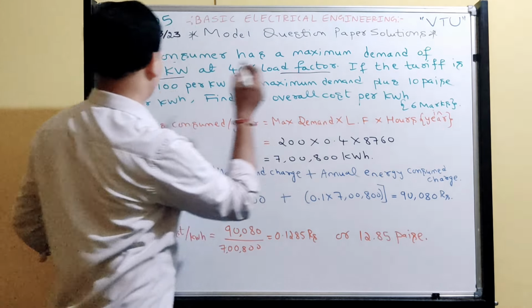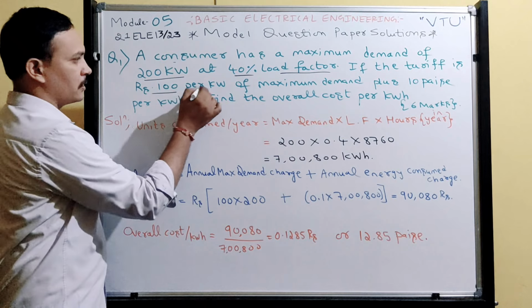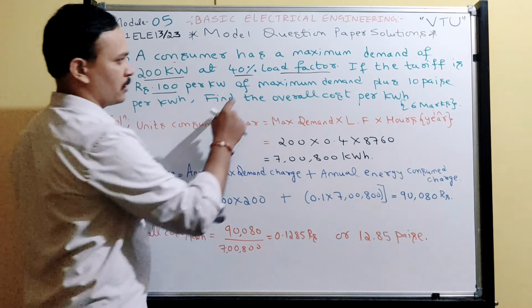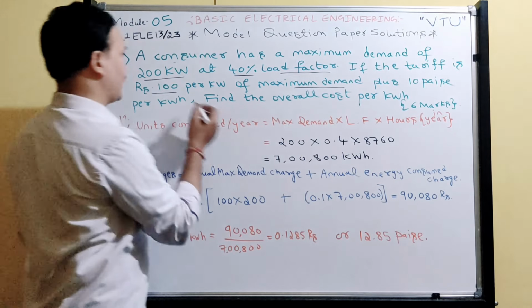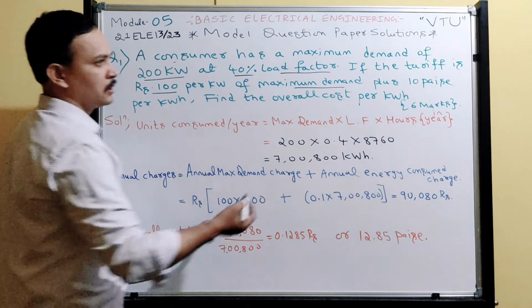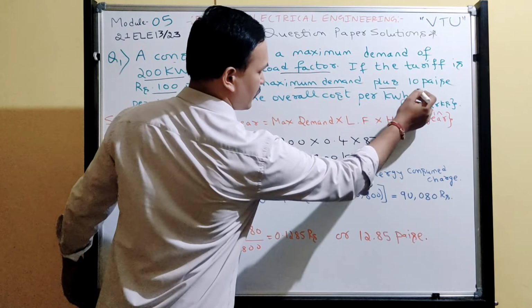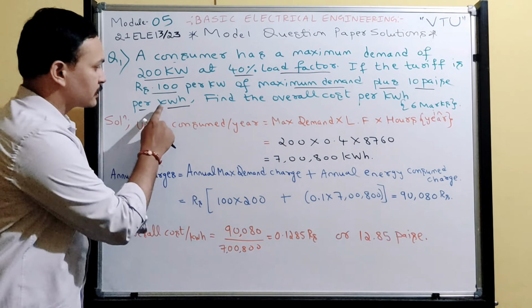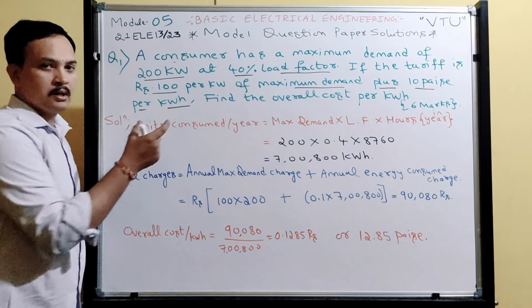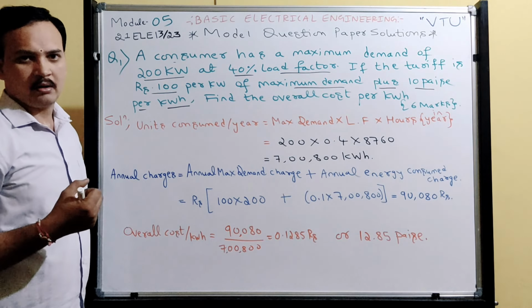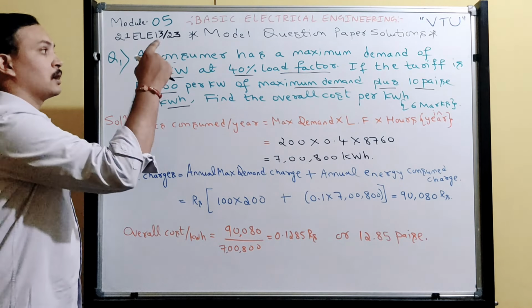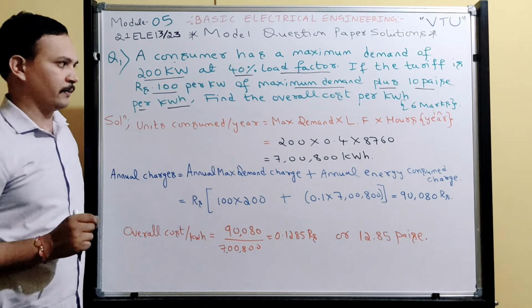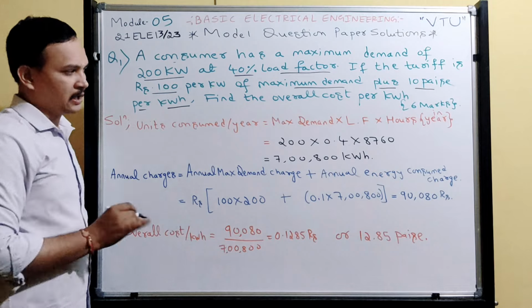If the tariff is rupees 100 per kilowatt of maximum demand, where maximum demand is 200 kilowatt, plus 10 paise per kilowatt hour. This kWh is nothing but the energy consumed by the consumer, represented in kilowatt hour. This is the data given.